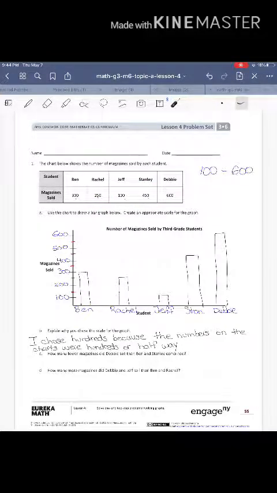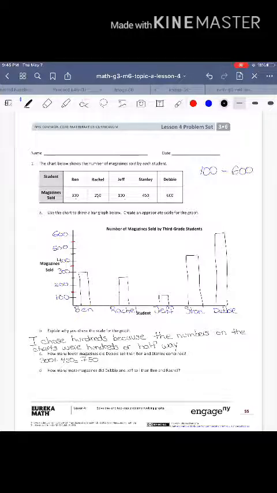Okay, let's move to the next one, letter C. How many fewer magazines did Debbie sell than Ben and Stanley combined? So we have to combine Ben and Stanley. So let's see, Ben has 300 and Stanley has 450. So the total between both of them is 750, correct?